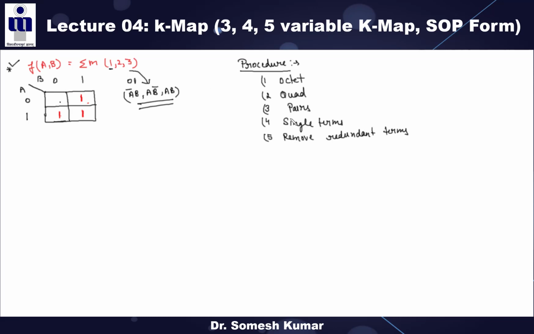Now is a pair possible or not? A pair is possible, right? So this is your one pair. Right or wrong? This is your one pair. What is the second pair? This is your second pair.